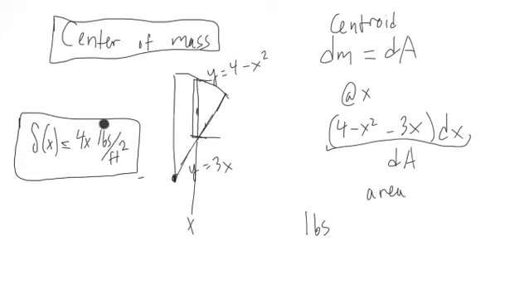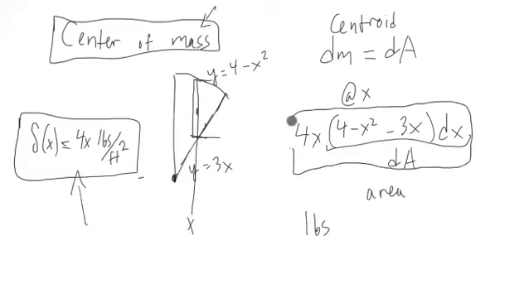So you just multiply this on to your dA. That's really all there is to it: your dm is not just dA, but dA times a function that's already given to you. That's really the only difference when you're looking at center of mass versus centroid. A very subtle little difference, but it's not really much. You can do centroids, you can work with centers of mass. So here you just multiply this on.